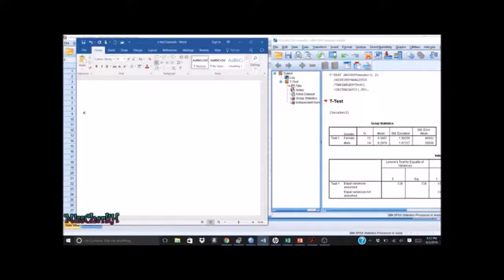So I'm just going to say an independent samples t-test was run with, and now let's talk about our variables. Gender as our independent variable.